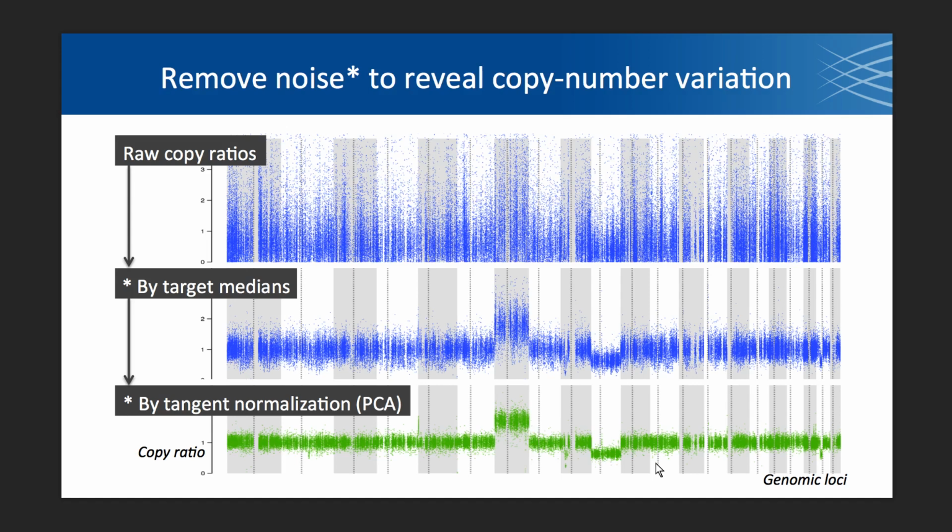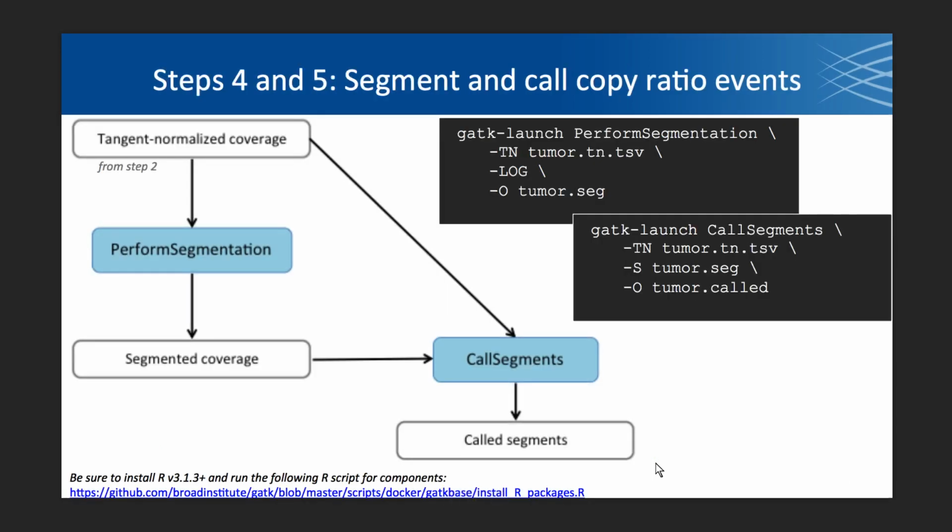That's not the end of the story, because you have, what, 20,000 rows in your file? You want to segment and call copy ratio events. And so you take your tangent normalized coverage to perform a segmentation, and this produces segmented coverage.